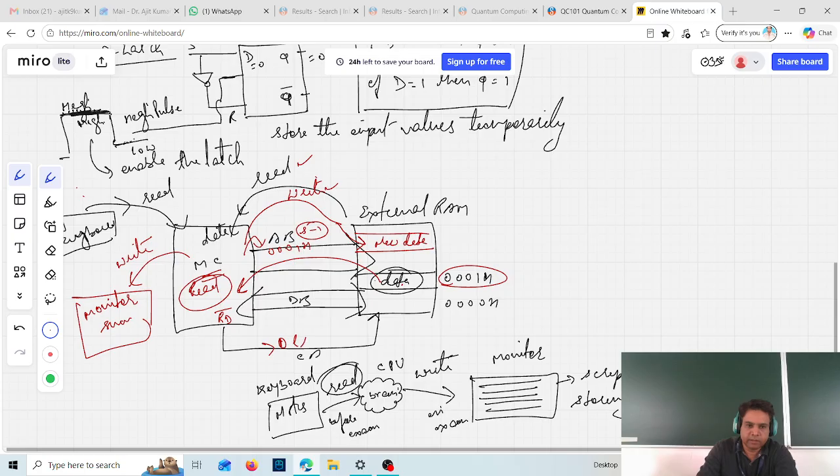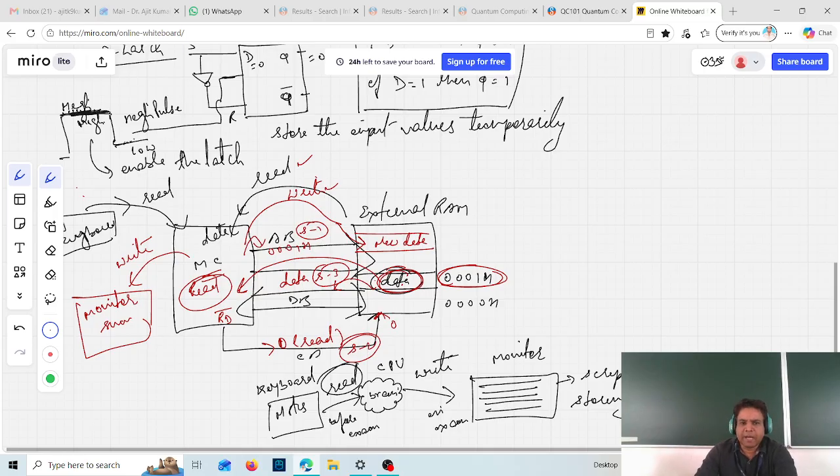After getting this read signal, the memory chip will know that the microcontroller wants to read the data stored at this address, 1H. So whatever data is there in the form of zeros and ones will be loaded on the data bus. That is step 3, and this was step 2. Then that data will be brought inside the processor.